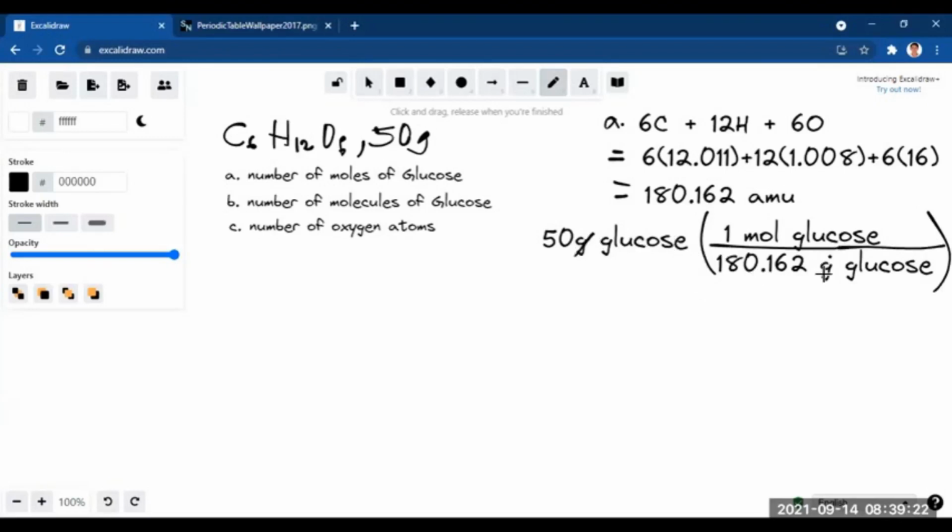The grams will cancel, so we will be left with 50 divided by 180.162, 0.2775.